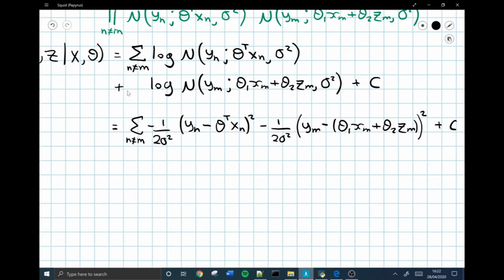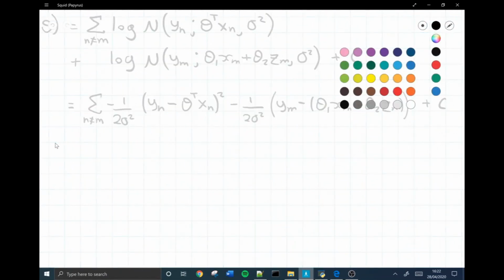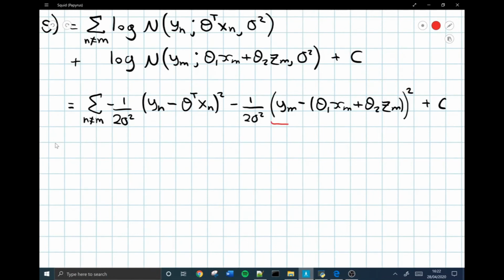Okay, so you can imagine that if we now expanded out this term here, what we're going to end up with is multiples of Zm and multiples of Zm squared. So this contains, let's just say, Zm and Zm squared.